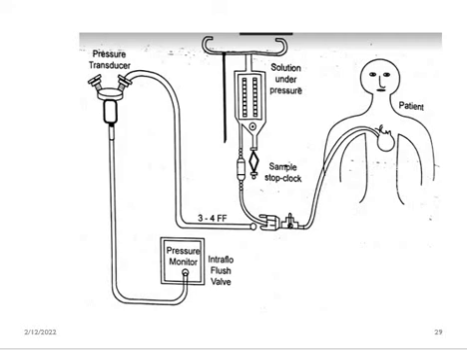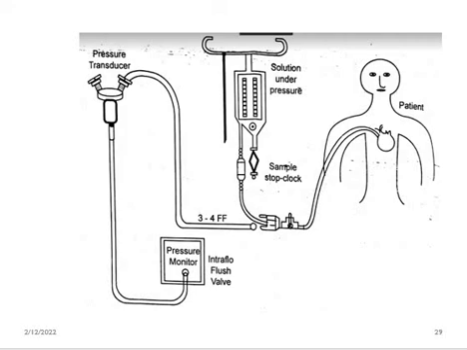This is the catheter tube, completely filled with fluid. At the time of filling, there should not be any air bubbles or any extra bodies, only fluid. This tube is connected in this junction.